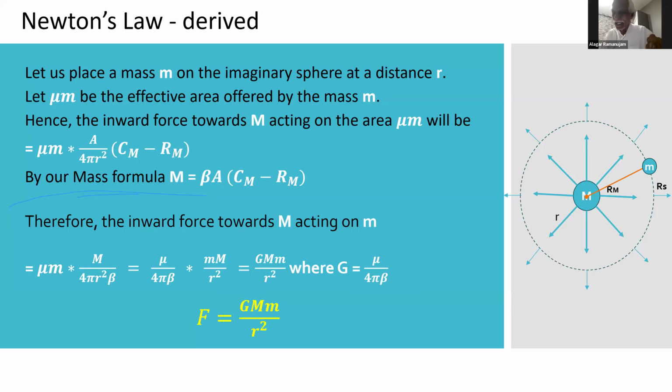That means you are subscribing to the theory that any two bodies attract each other, inversely proportional to the square of the distance between them. That's what very clearly you are accepting. Only one change, sir, if you are accepting the second theory.